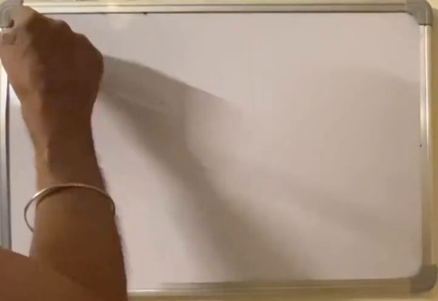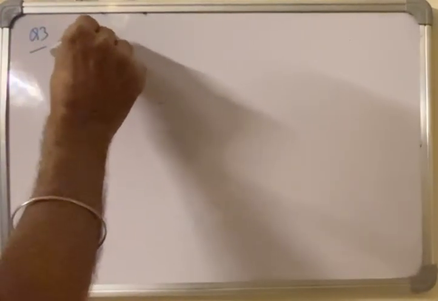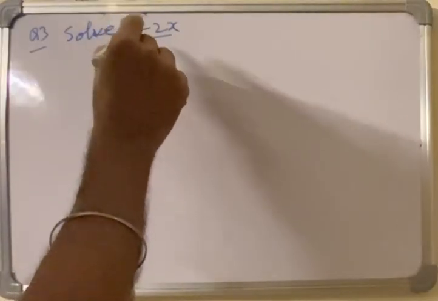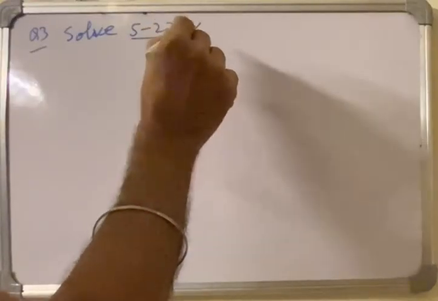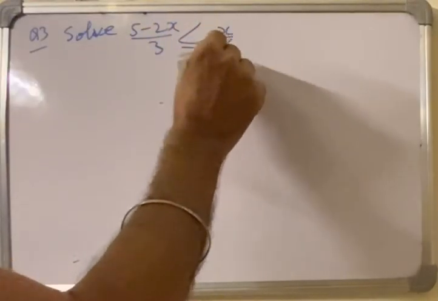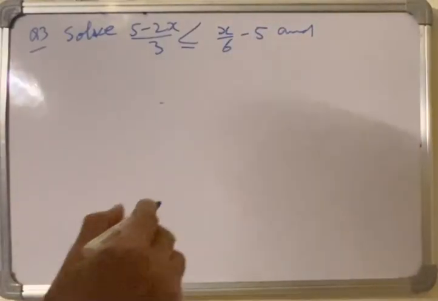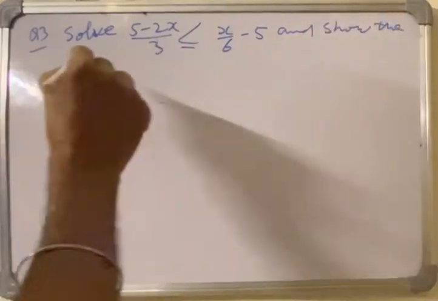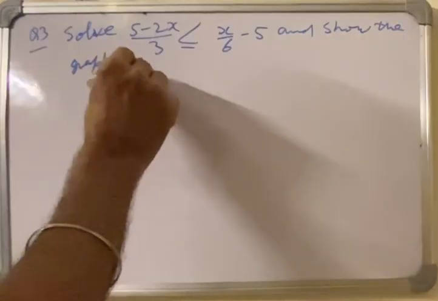Third question, solve 5 minus 2x over 3 less than equal to x over 6 minus 5 and show the graph on a number line.